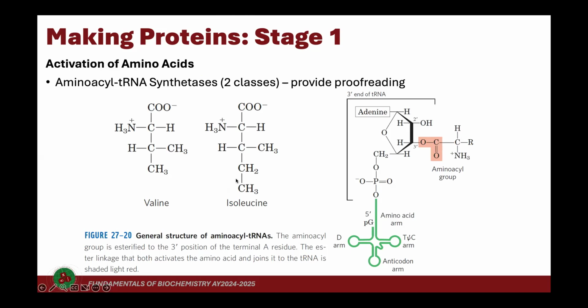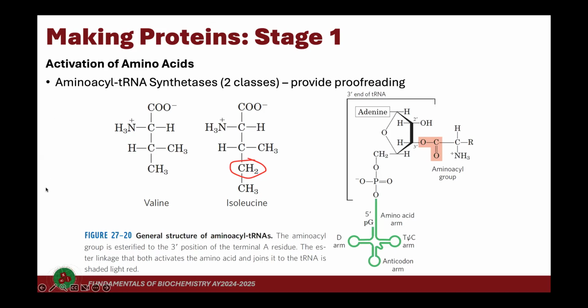They only differ by this CH2, which means if you are trying to attach isoleucine to its corresponding tRNA, but instead of isoleucine, it's valine that enters the active site and is accidentally esterified to your tRNA, your synthetase makes a correction.